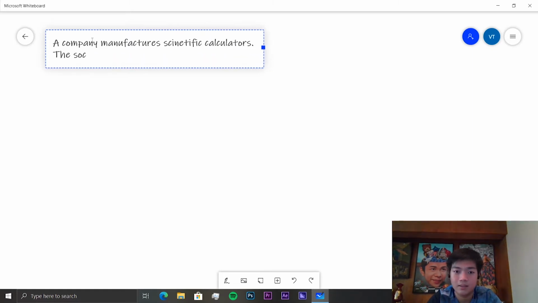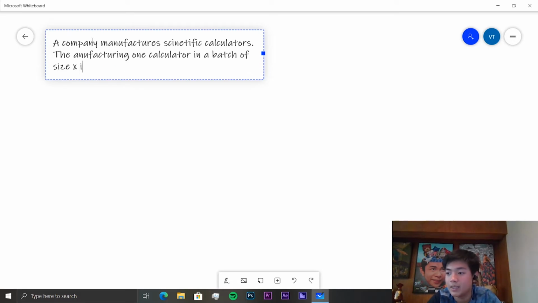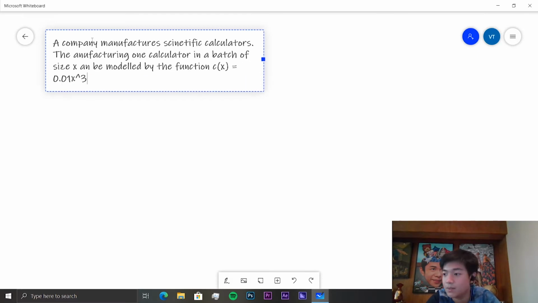The cost of manufacturing one calculator in a batch of size x can be modeled by the function C of x is equal to 0.01x cubed minus 10x plus 150. Find the batch size where the cost per calculator is minimized.